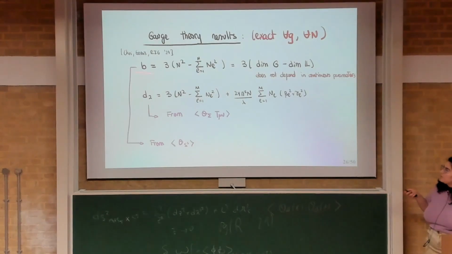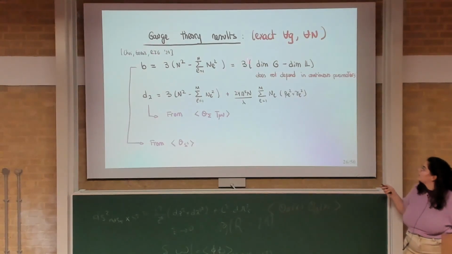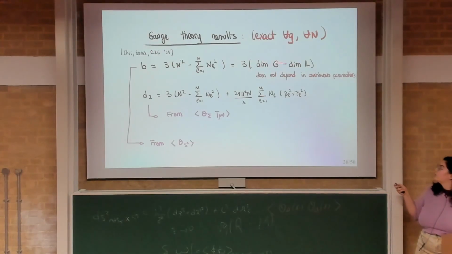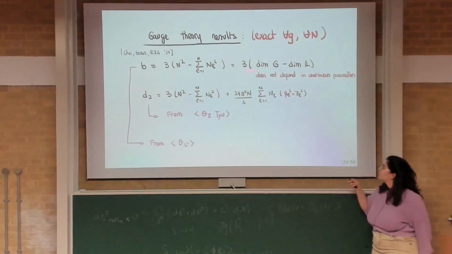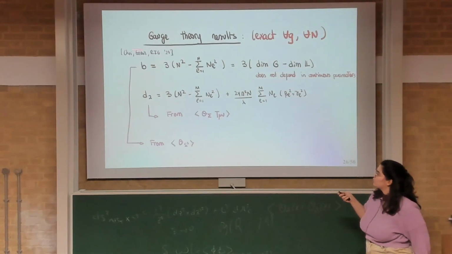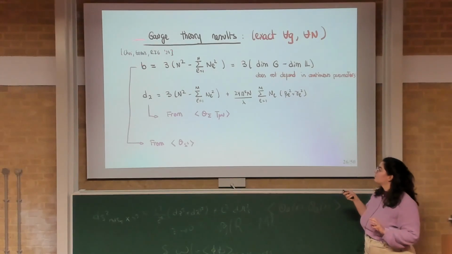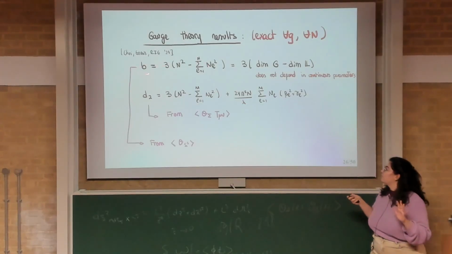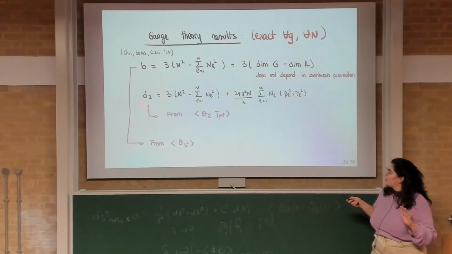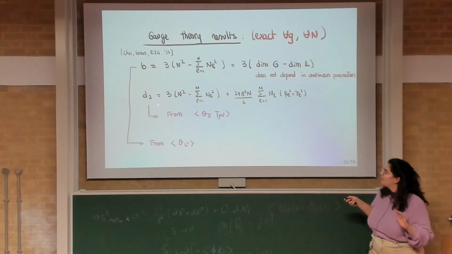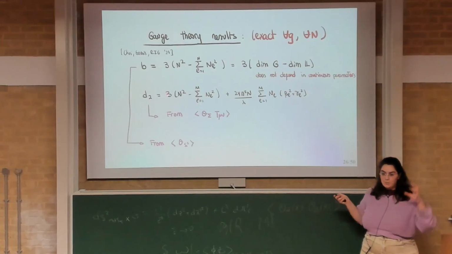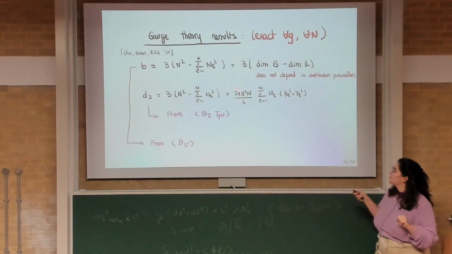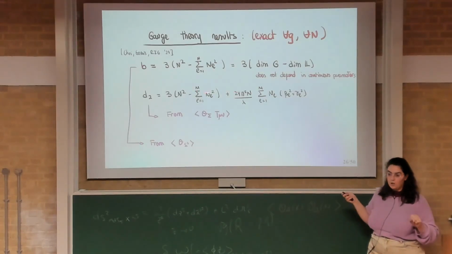I want to compute this B, and we computed it using supersymmetric localization and got this result, in terms of the dimension of the gauge group and the dimension of the Levi subgroup. This was also motivated using holography in a different way that I can mention later, not from the on-shell action, but from a relation between B and C2, and the entanglement entropy in the presence of a defect, and it was also computed using anomalies.